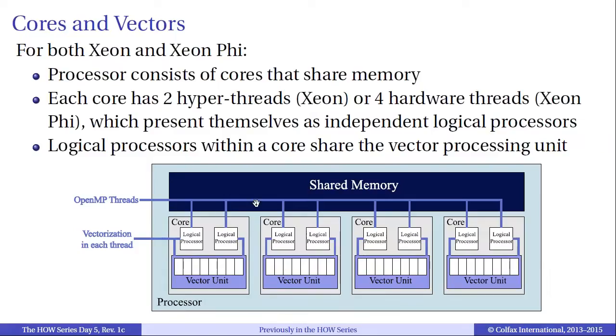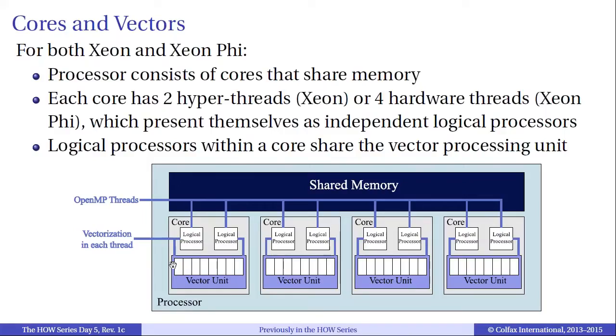All of these cores share memory, and when you write an application, you will create threads with a parallel framework such as OpenMP or any other framework, and these threads will usually be distributed 1 per logical processor, or sometimes 1 per core for bandwidth-bound applications.